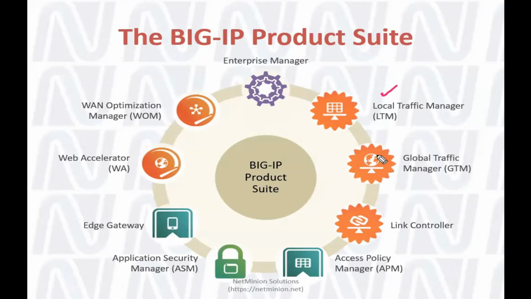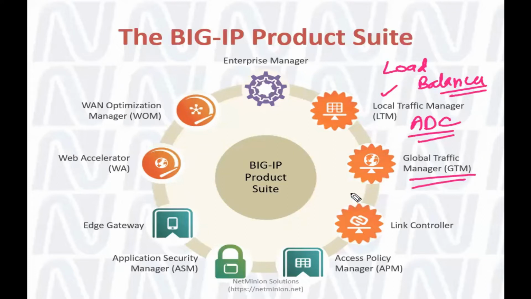Like LTM, the local traffic manager. Generally people would say that it is a load balancer. But it is not only a load balancer, it is named ADC, that is application delivery controller. We will talk later about why it is known as ADC.